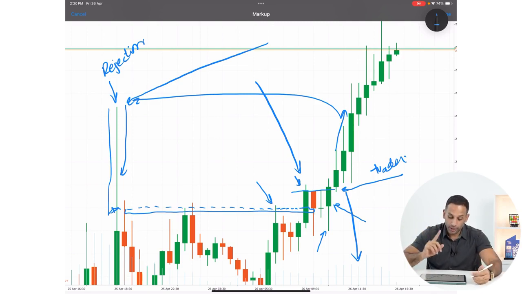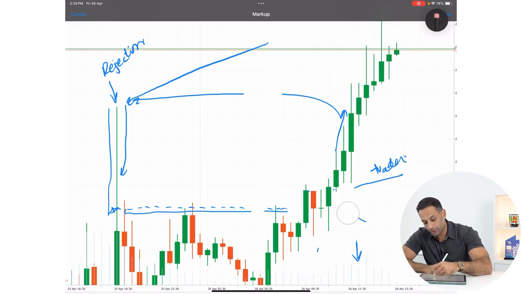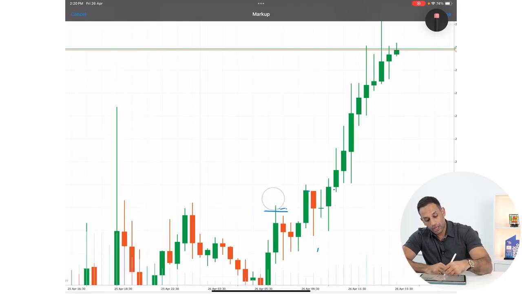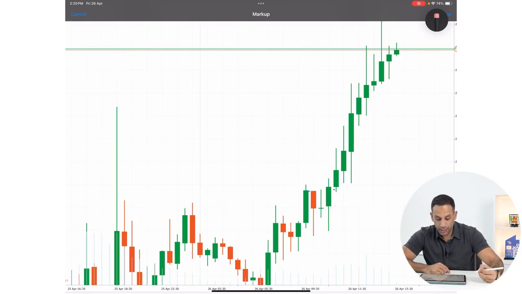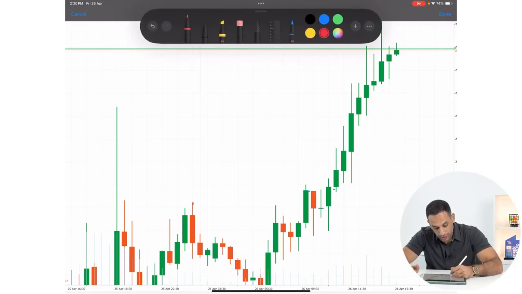Another thing you have to keep in mind is this about wick fills. Let's say, for example, you're looking to the left-hand side, and you see that this is a wick right over here. Actually, this is red, so let's make this red. Let's say this is the wick you have right over here, and candles are closing.